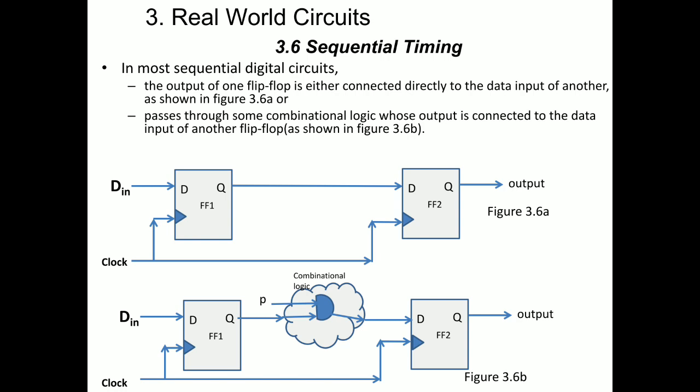In most sequential digital circuits, the output of a flip flop is either directly connected to the input of another flip flop, as you can see the output of flip flop 1 is directly connected to the input of flip flop 2, or connected to flip flop 2 through some combinational logic. The output of the first flip flop goes to some combinational logic, and the output of the combinational logic is the input to flip flop 2.